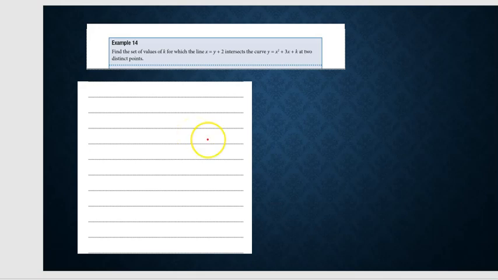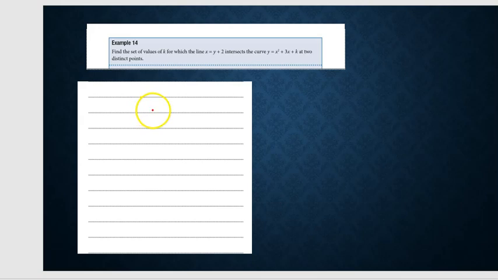So we have a curve equation and we have a line equation. A curve equation is given as y equals x squared plus 3x plus k. So let's look at this. Both equal to y.